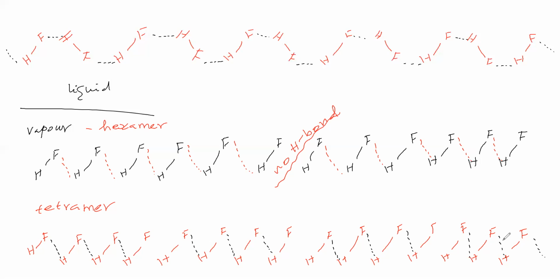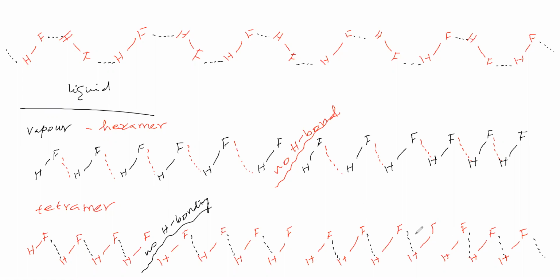So for a tetramer, have we got an idea? Here hydrogen bonding is not present. So in the vapor state, HF exists as a hexamer or tetramer or trimer, dimer, like this. Many possibilities are there. Any of these hydrogen bonding is possible even in the vapor state.